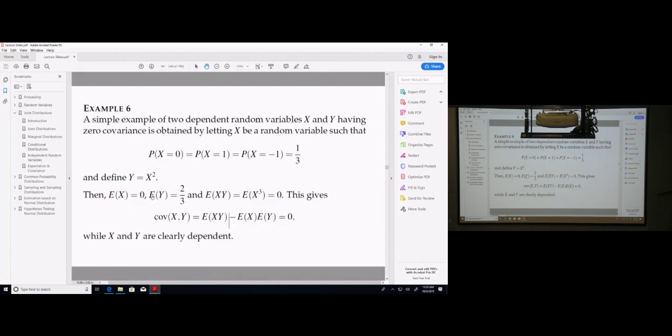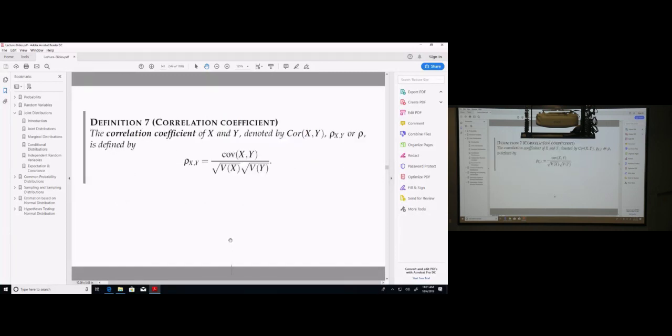If you don't want to do unnecessary extra work, you don't need to compute this. Because this is 0, and this is also 0, the covariance would be 0. And then clearly x and y are not independent, because once you know x, I can tell you what y is, in a very certain manner.